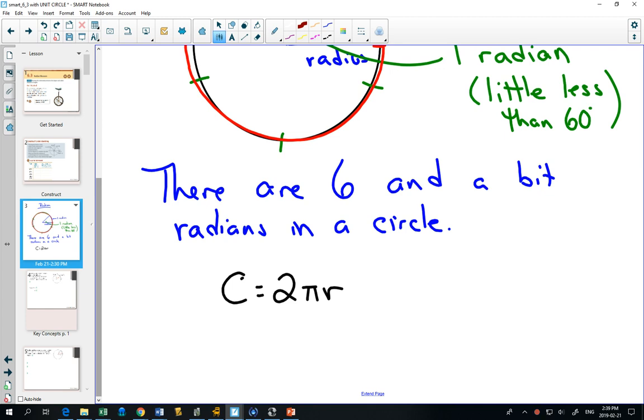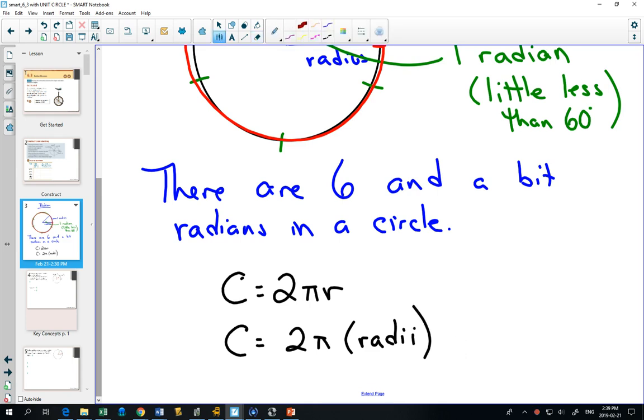What does that formula mean? What does the r stand for? Radius. Ooh, what's the plural of radius? Radii? Yay. Put 2 i's on there.